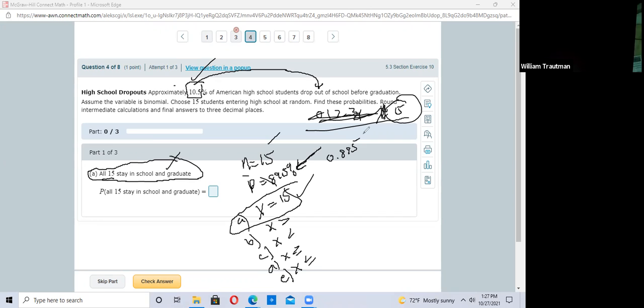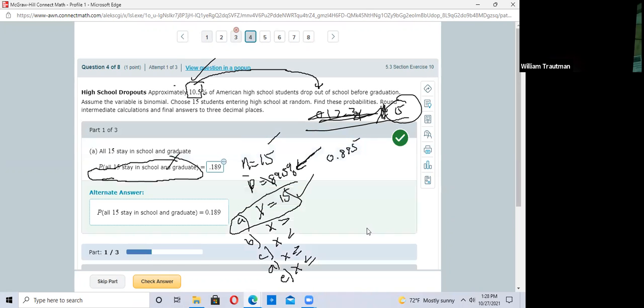The number of trials is 15 and the X value is 15. When I hit enter and enter, I get my answer to 3 decimal places. I get 0.189, and then 3, so it doesn't change. So this should be the answer, hopefully. Yes, it is.